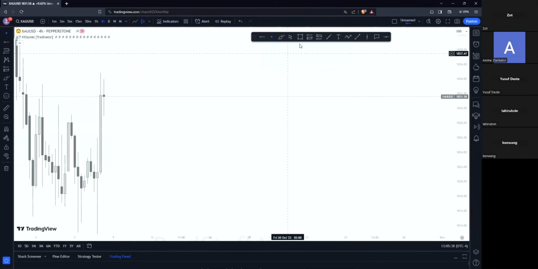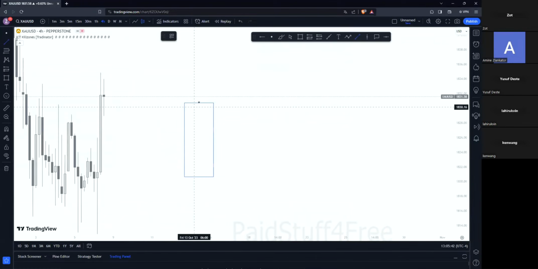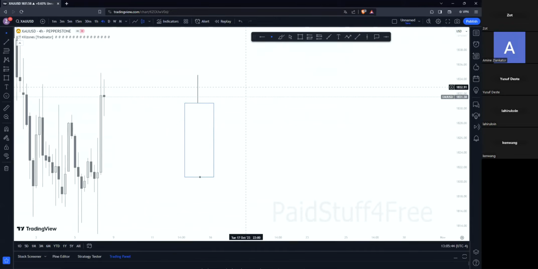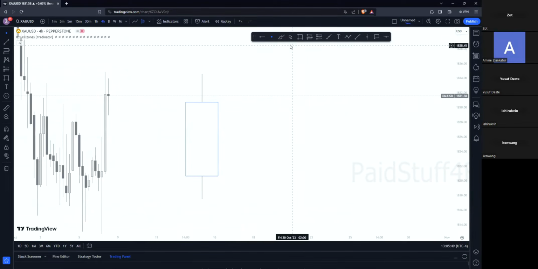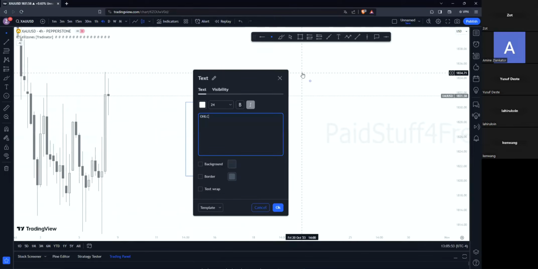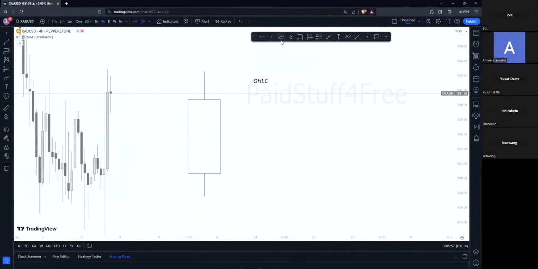So you're going to have a candlestick. What's a candlestick made of? This is the very basic stuff. A candlestick is made of a body and a wick. And what? OHLC. What's OHLC? Open, high, low, close. Very simple stuff. Now you're going to have open, close, low, high in a green candle.